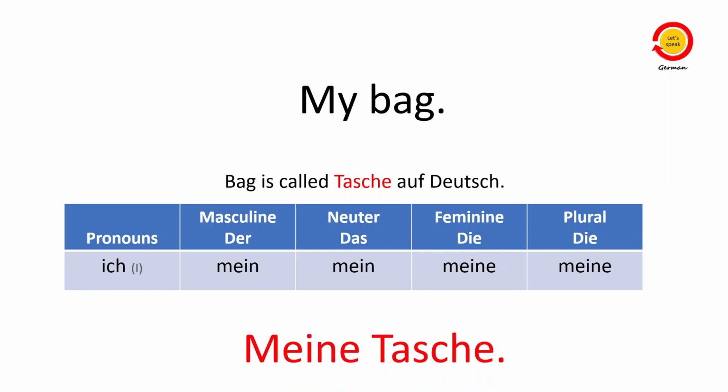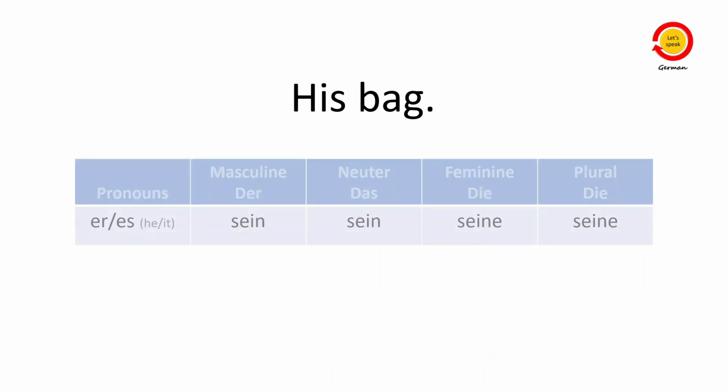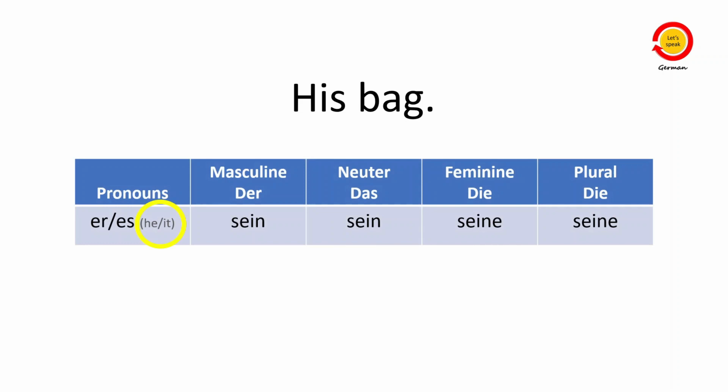So until you get used to the corresponding pronouns from the table, please make a note of the table in your journal and keep referring to it while answering the exercises. Now, can you try saying his bag in German? Refer to the he section of the table. As we know, Tasche is feminine, so it'll be seine Tasche.